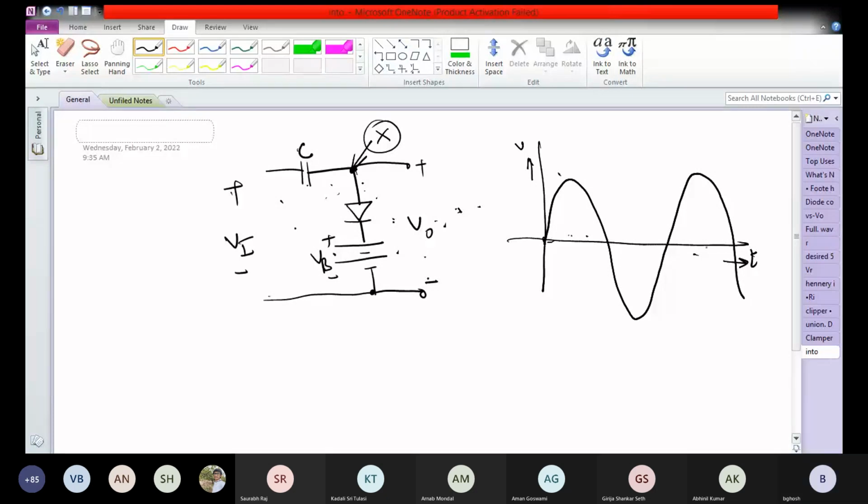During the charging part, the voltage at point X will be held at plus VB. And then when the voltage Vi starts to reduce, the moment it crosses here, again it's going to start like this.